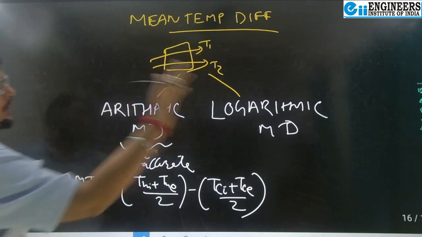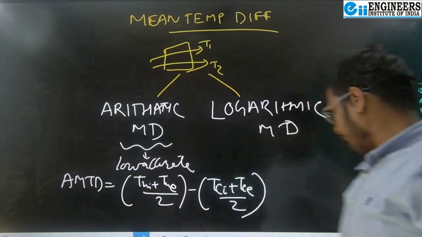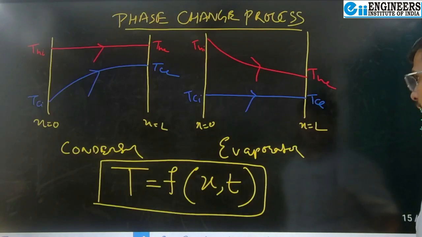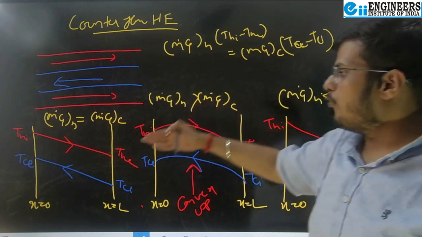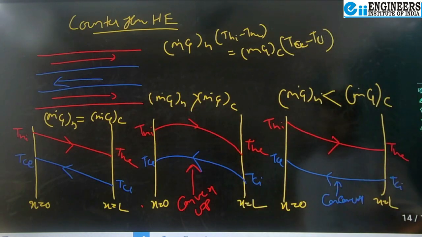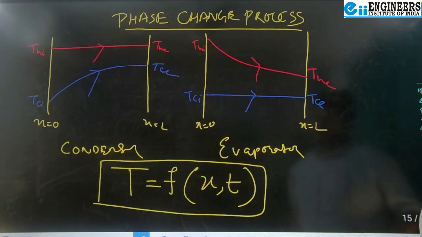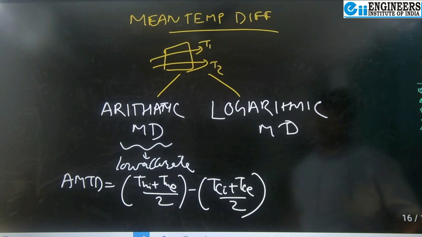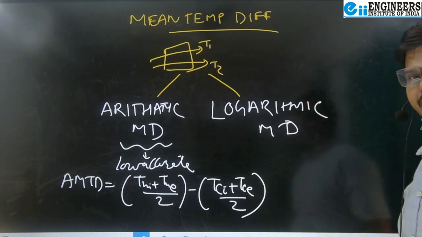But why is the logarithmic mean temperature difference important? Because if we recapitulate the previous discussion, we can see that we mostly observe a logarithmic profile for a heat exchanger. So the logarithmic mean temperature difference gives a very good way to analyze the mean temperature difference.